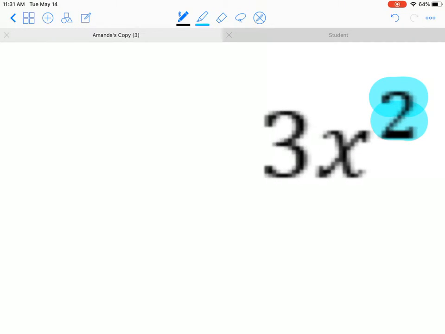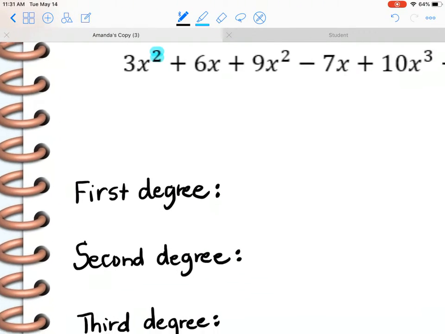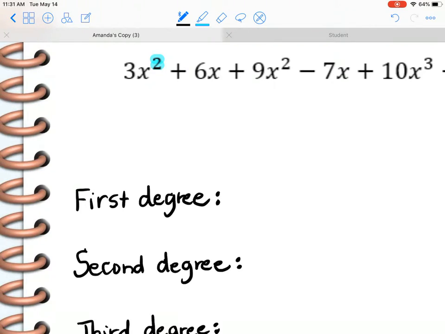So 3x to the second is a second degree term. So we're going to bring that 3x to the second right down here. And I'll tell you what I'm going to do. I'm going to highlight all of the second degrees in blue. So there's a second degree term. Moving down the line.